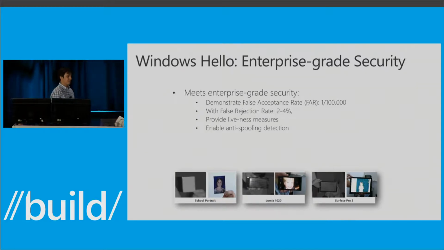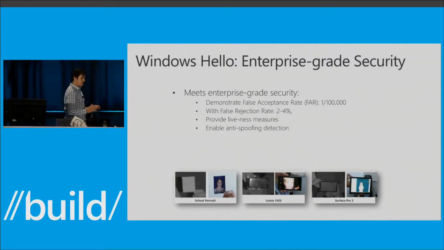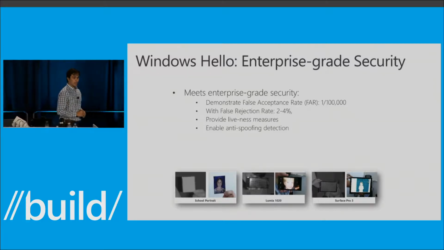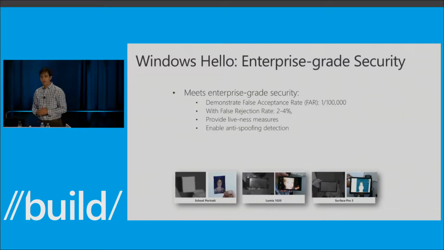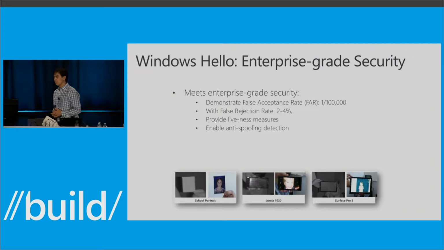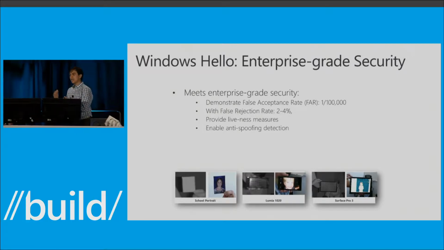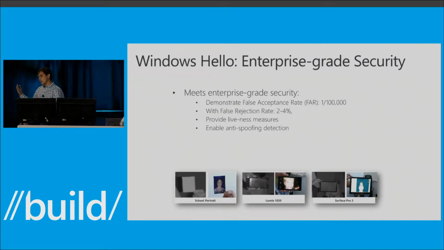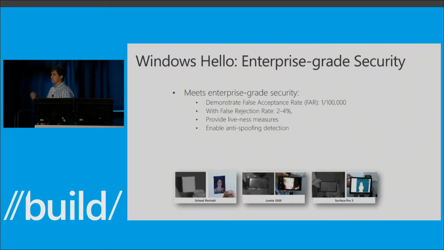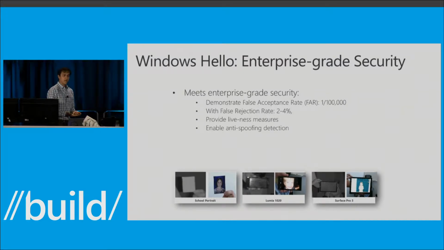Now, keep in mind that one could achieve a number of 0 if you never ever let anybody in, right? And that still gives you a 0 false acceptance rate, but it's not usable. So there is another rate that is tightly coupled with this false acceptance rate called the false rejection rate. Basically, that denotes how reliable and how user-friendly the algorithm is.